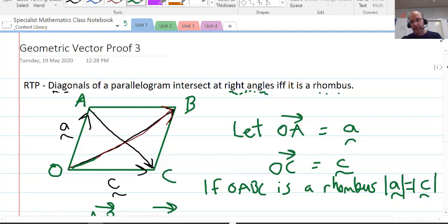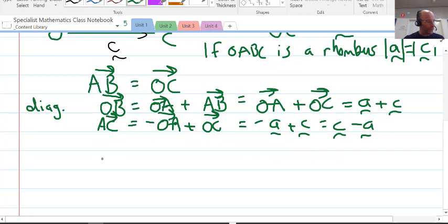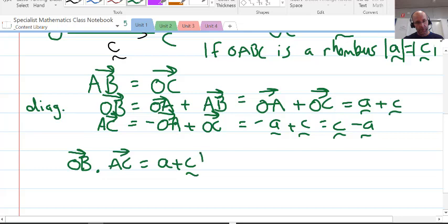Okay, right angles. So we're looking at those intersecting at right angles. That usually means we're going to talk about the dot product of two vectors equaling 0. So OB and AC, if we dot those vectors together, we have a plus c dotted with c minus a.